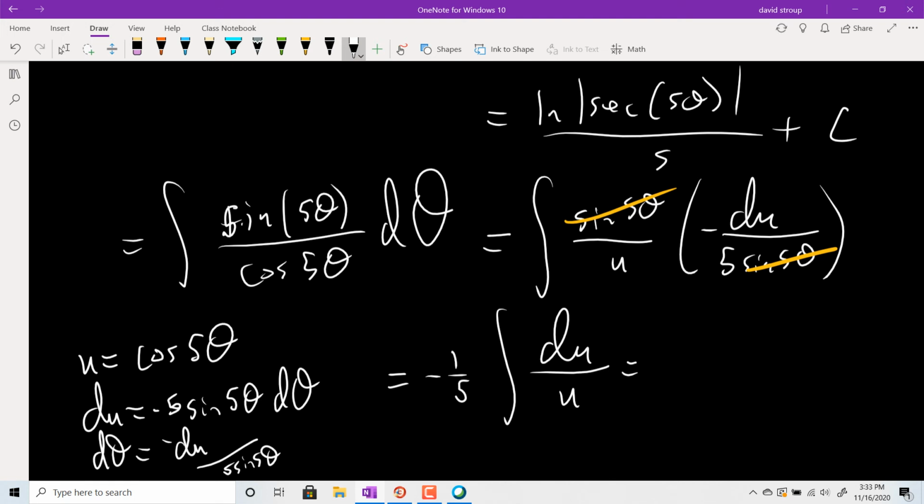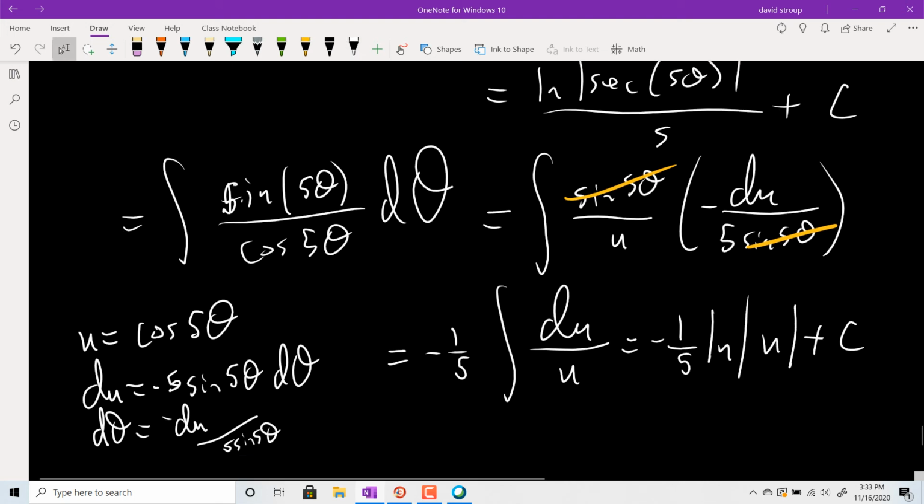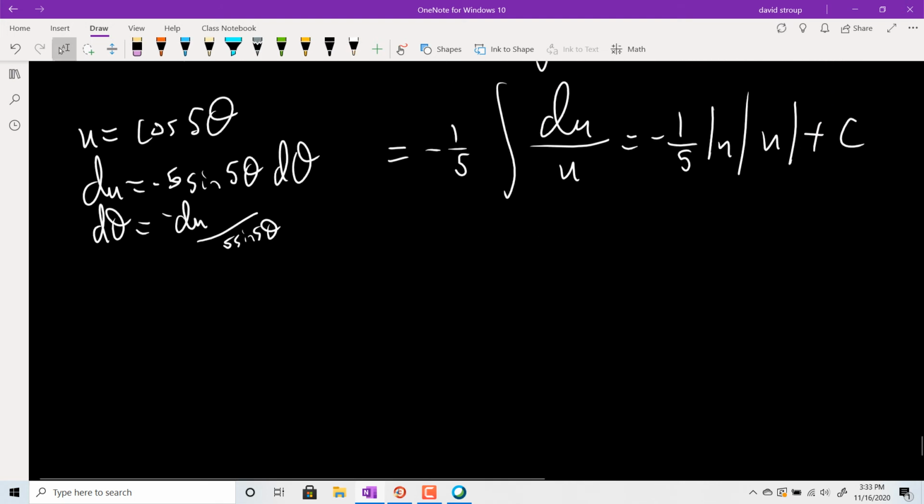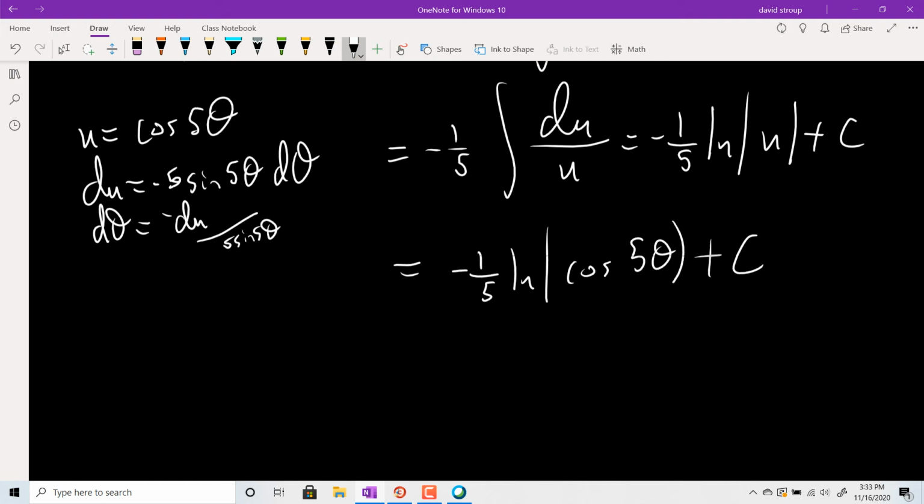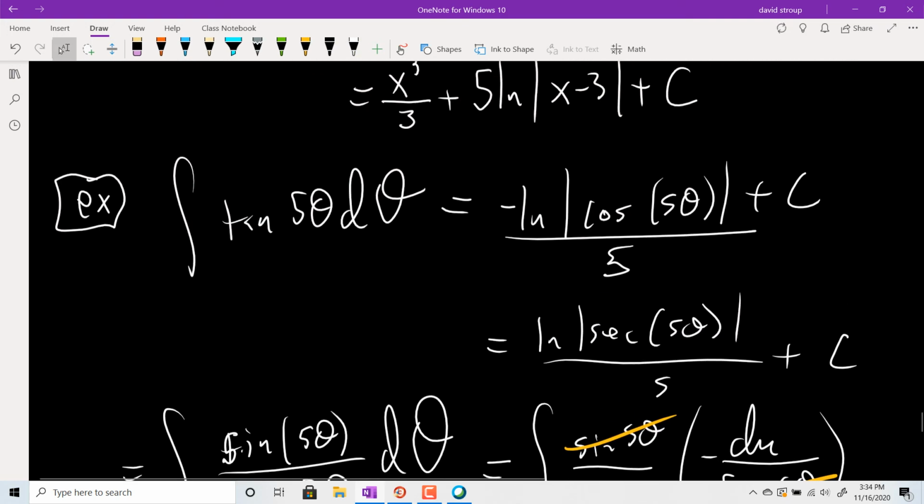So we'll end up with negative 1/5 ln of the absolute value of u plus c. And then if you back sub, that will just be negative 1/5 ln absolute value of cosine of 5 theta plus c, which is what I got above, just sort of guessing my way through it.